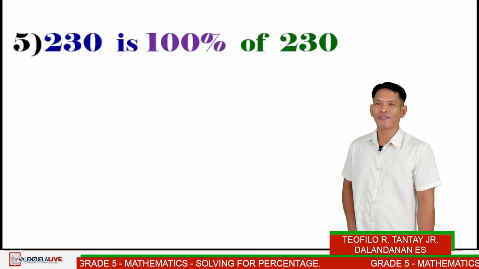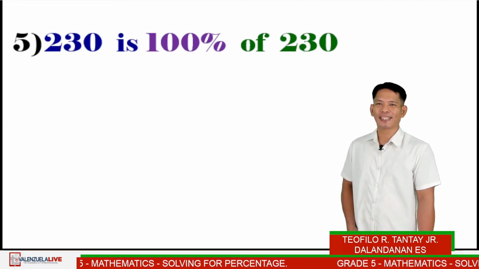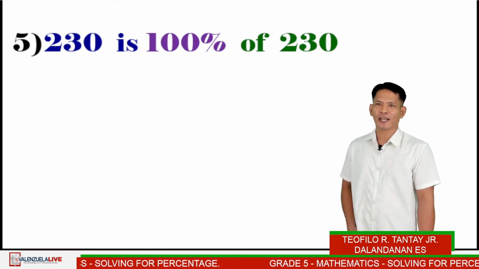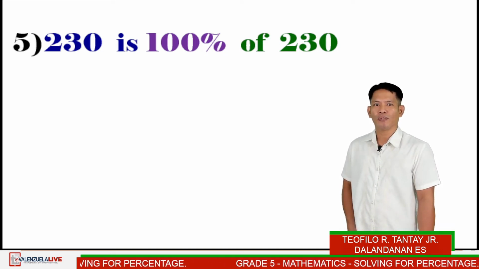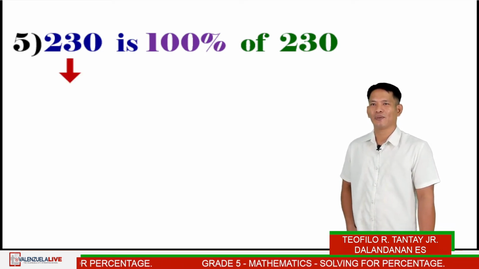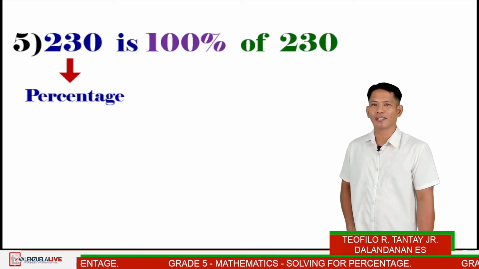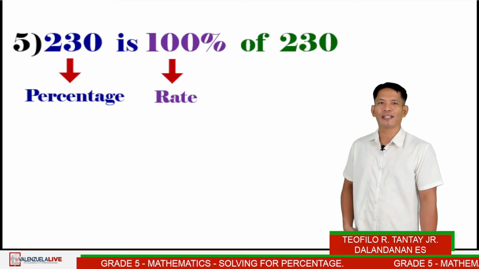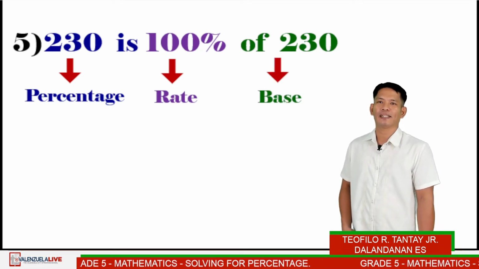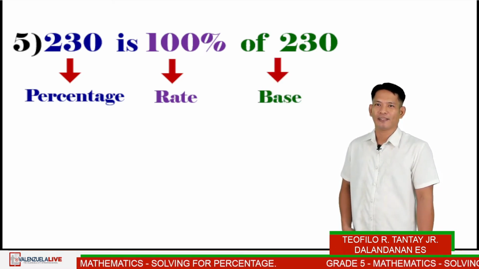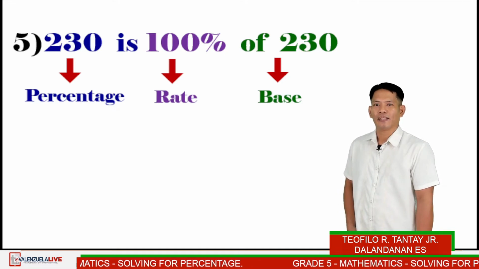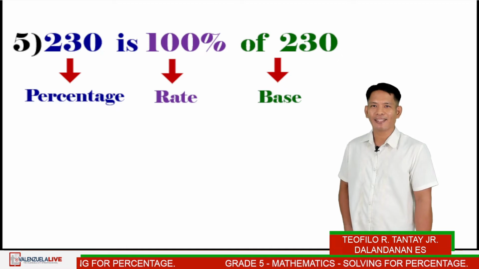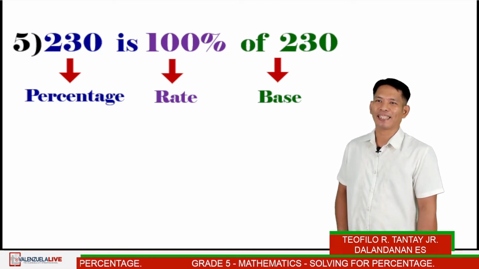Next one, number 5. 230 is 100% of 230. This time, we have two equal numbers. 230, the first one, is the percentage. 100% is the rate, and the other 230 is the base. We have an equal number for the percentage and the base because the rate is 100%.